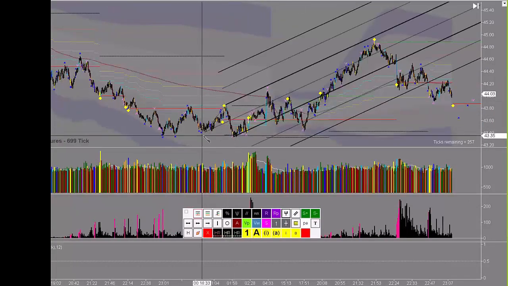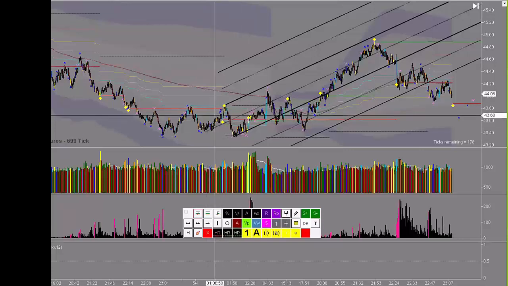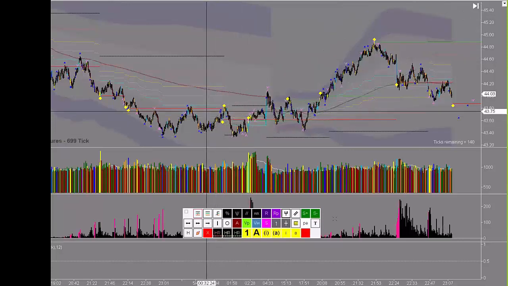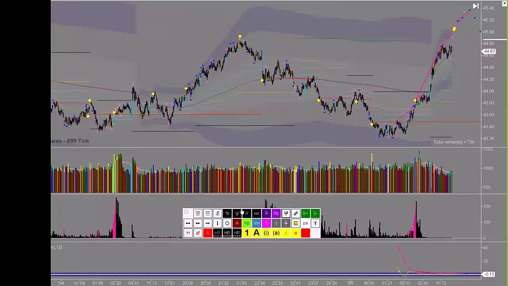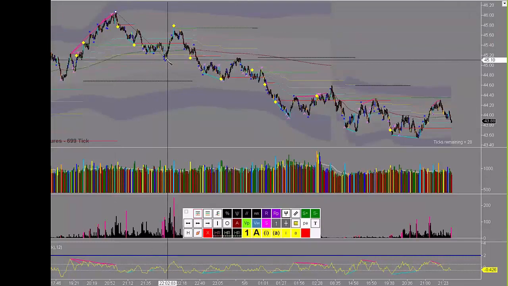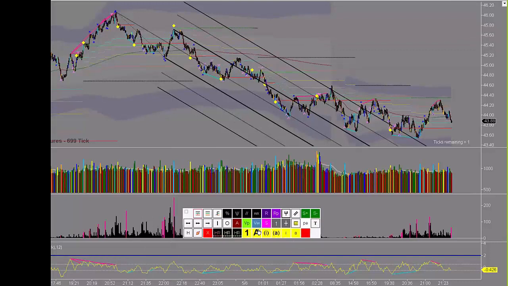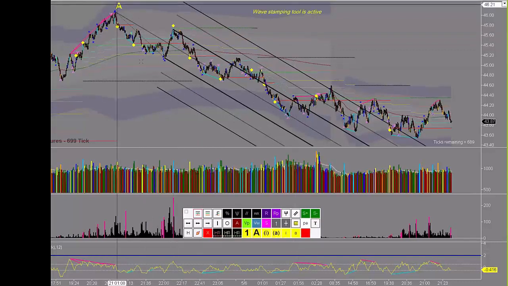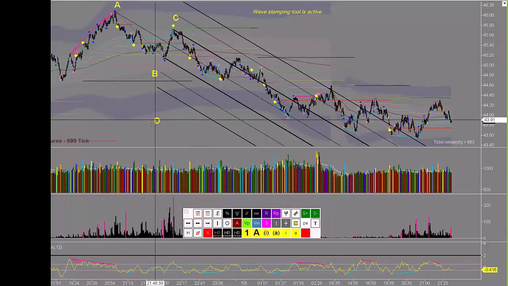That wouldn't be the lowest point on the chart in an uptrend. But the A, B, and then the C. So getting back to the difference between them, we'll draw in our Andrews pitchfork over here from the A, B, and the C. Everyone happy with that?